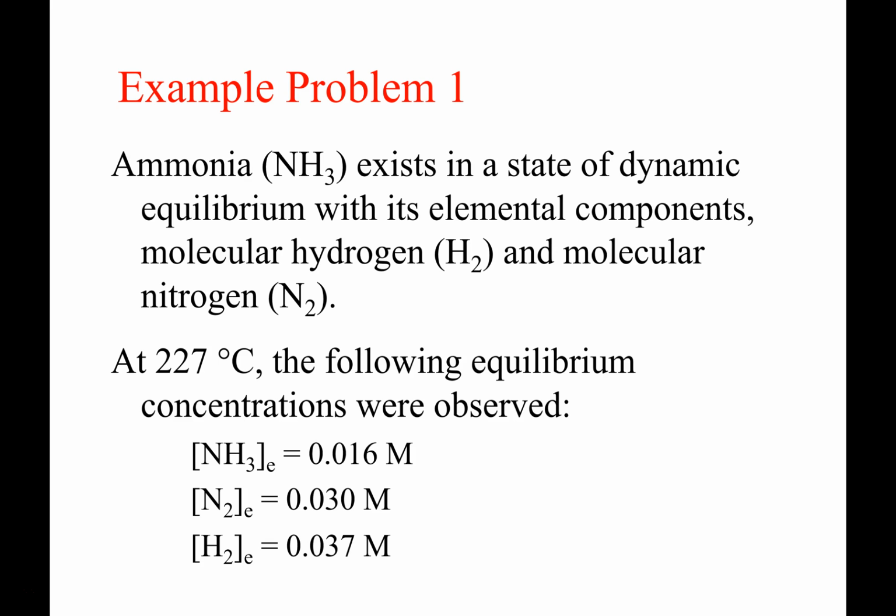So here it is unbalanced, N2 plus H2 in equilibrium to form NH3. Let's go with a 2 there, maybe 6. That looks pretty good. We're going to go ahead and say lots of time. The significance of lots of time is I'm allowing this chemical equilibrium to do its thing.